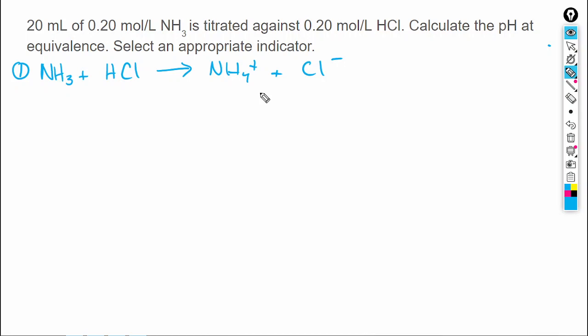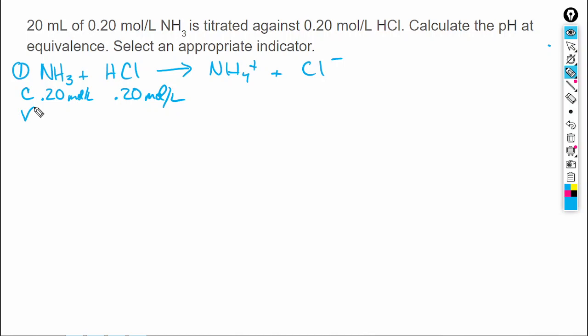When we're titrating, we are starting with a concentration of 0.20 mole per liter NH3 and 0.20 mole per liter HCl.